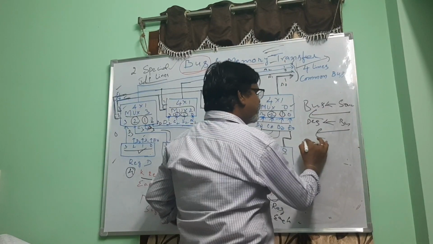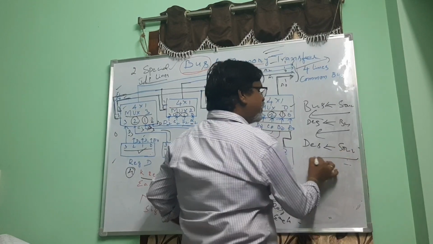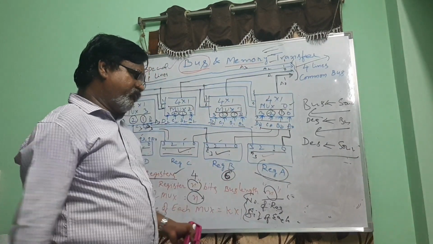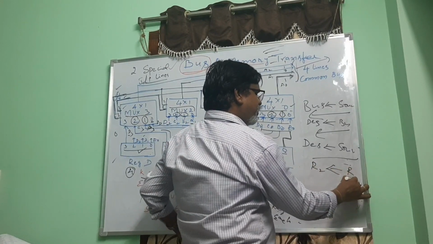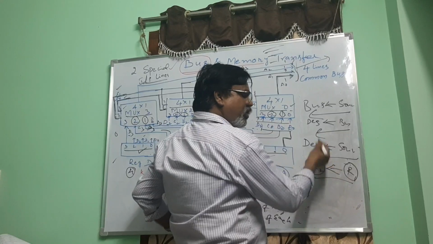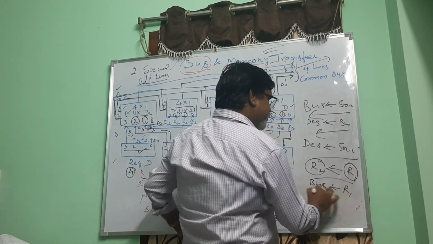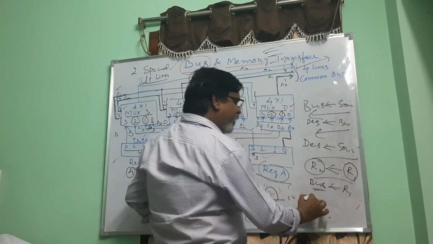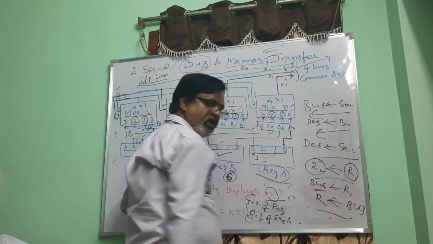This is nothing but equal to destination and source in our register notation. Previously, what we discussed, like R2, R1, can be written as data of R1 is copied to R2. But how is it going to copy? First, the data of R1 is copied onto the bus, and then the data that is on the bus will be copied to the register.